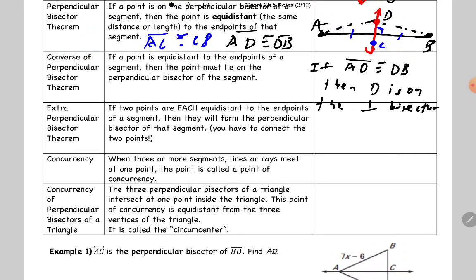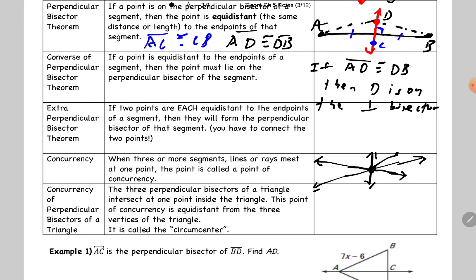Concurrency. Concurrency is when 3 or more segments, lines, or rays meet at a single point. So let's have one line here, one line there, and then one line here. Oops. I almost did it. There. So we have 3 lines, or it could be rays, or it could be segments, 3 or more intersecting at this point.